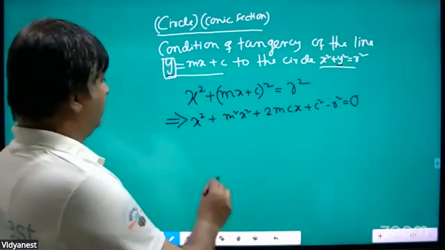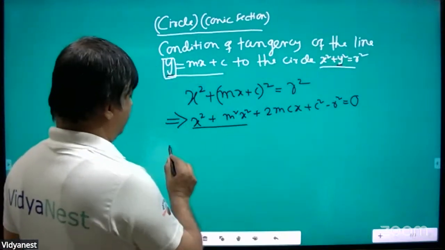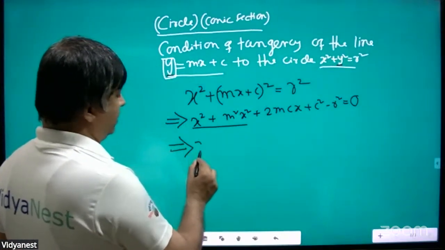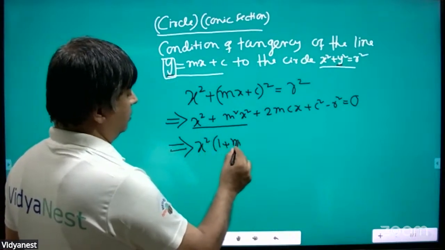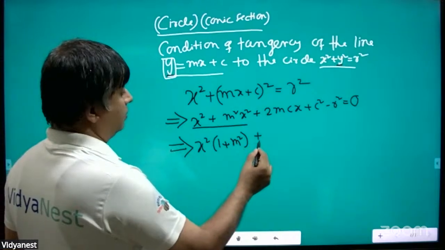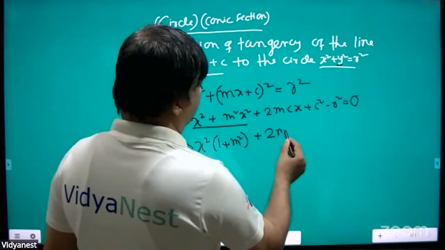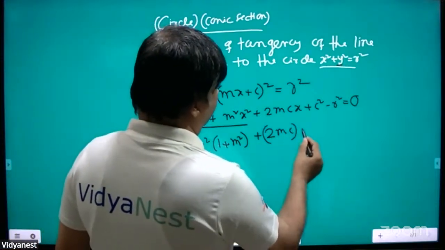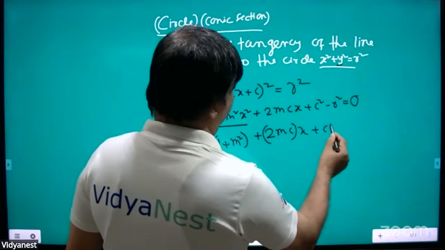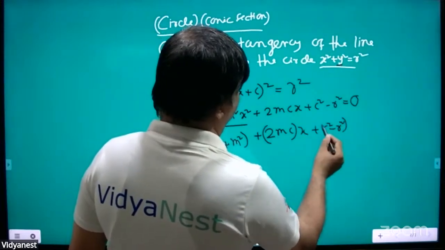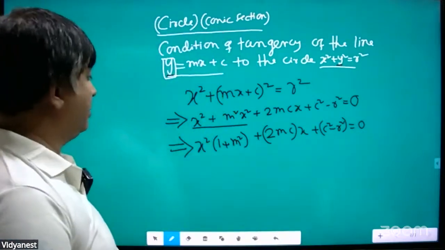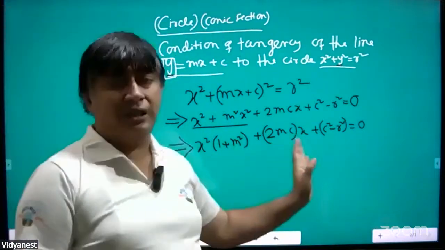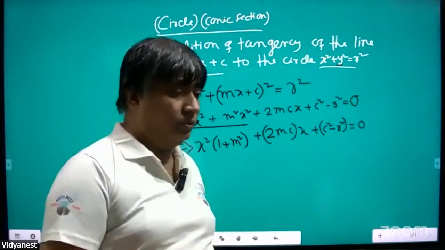So from these two, you can take x square common. Okay, so this equation is known to you.